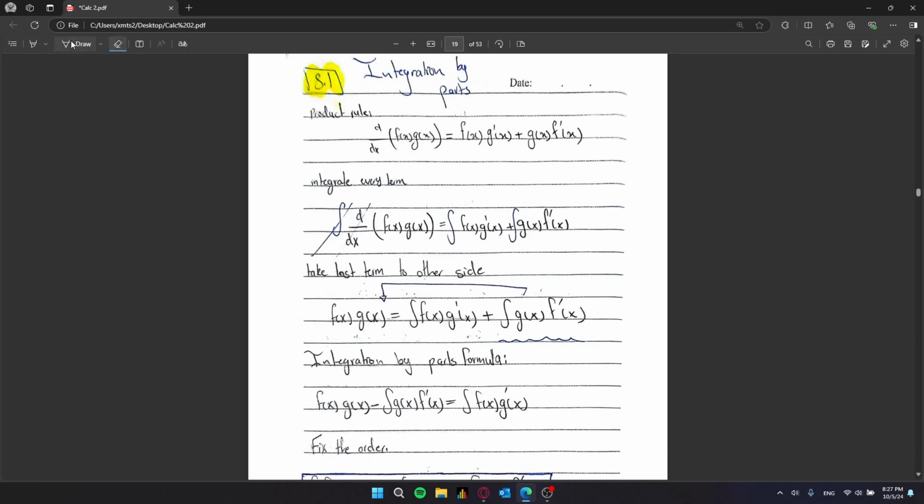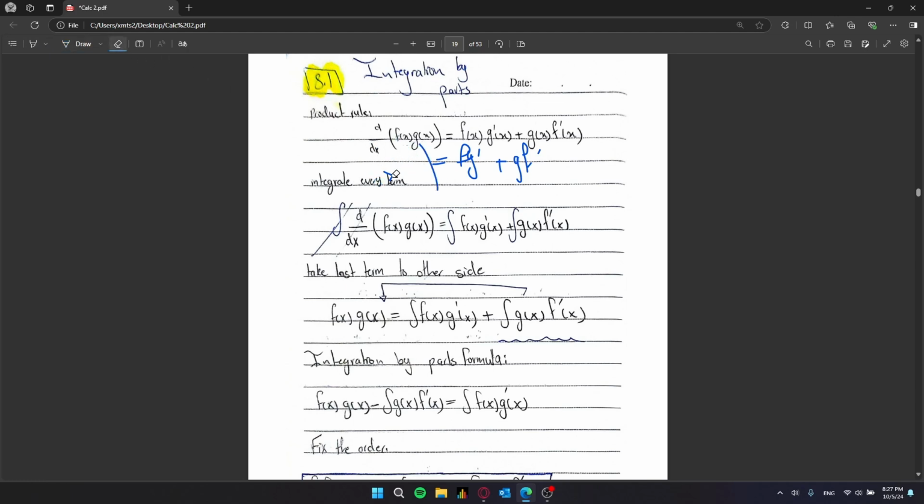This is the way I have it memorized. You can have it memorized however you want. You can come up with a creative mnemonic device, but this is how I have it.